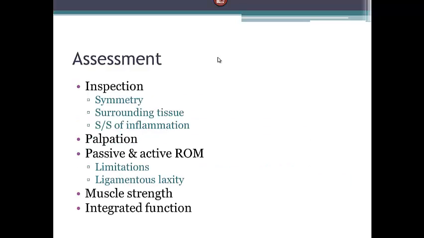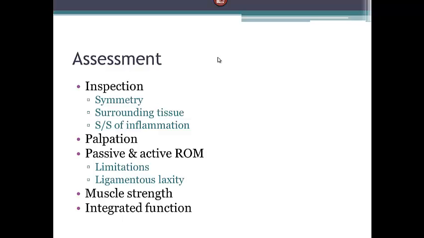Let's do a physical examination. And how do we start this? So basically, by inspection. What are you able to see during the inspection? Basically, look at symmetry. Do you see any nodules, any type of deformity?